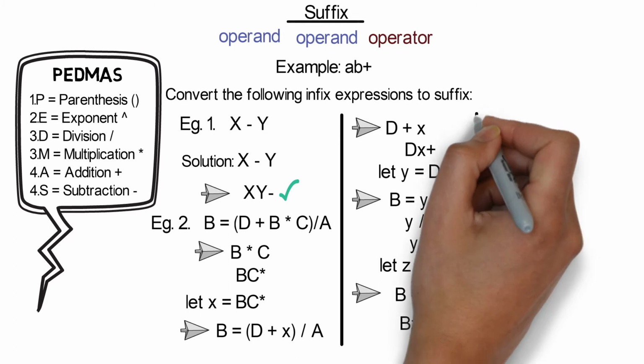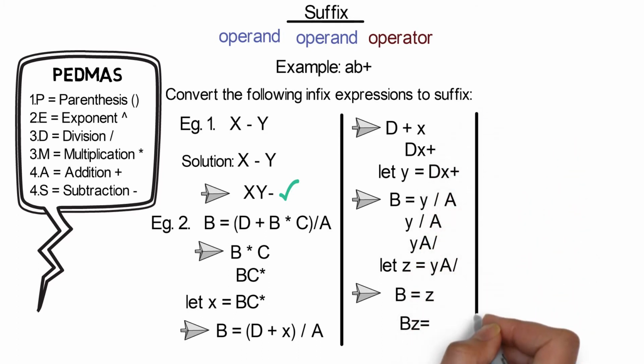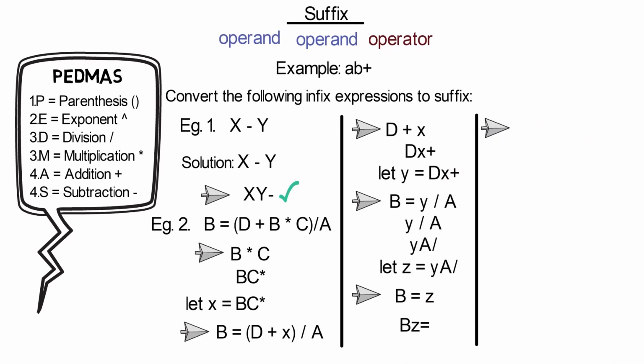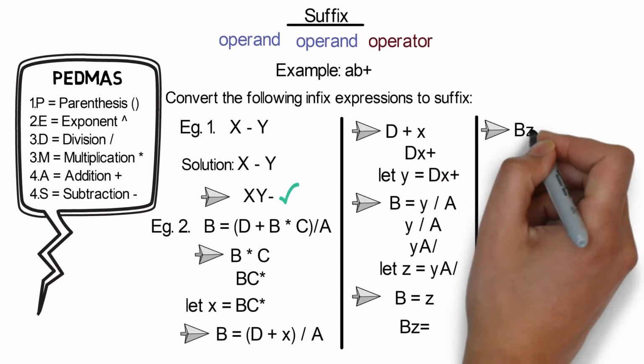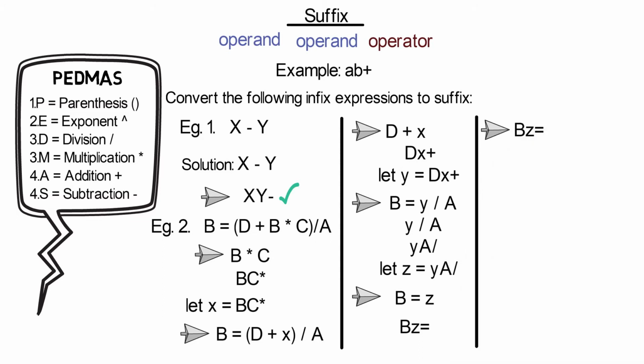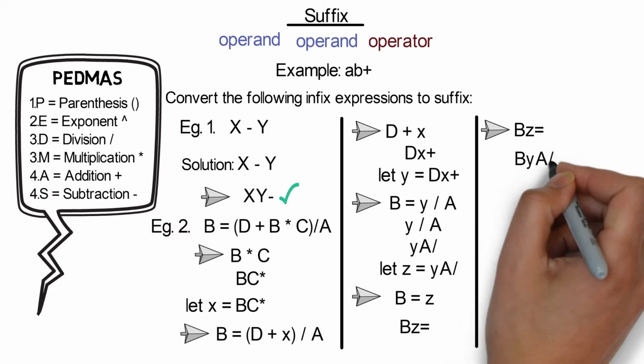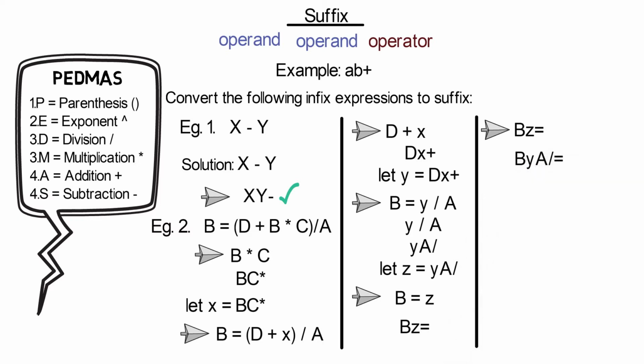We are almost done. Remember, z is not part of the main expression, so we need to unveil it. So our expression now becomes by a slash equals. y is also not part of the main expression, so we can go ahead and unveil that too.